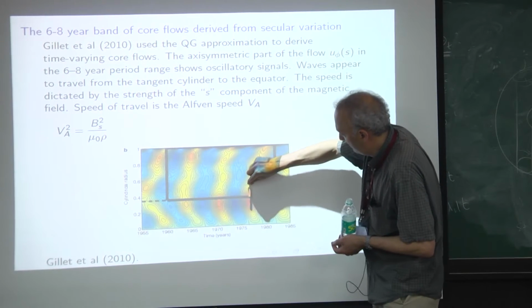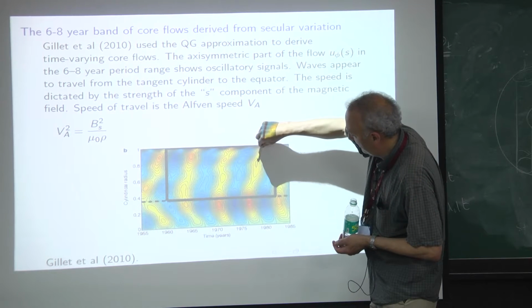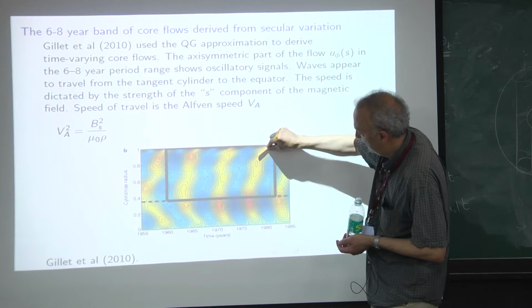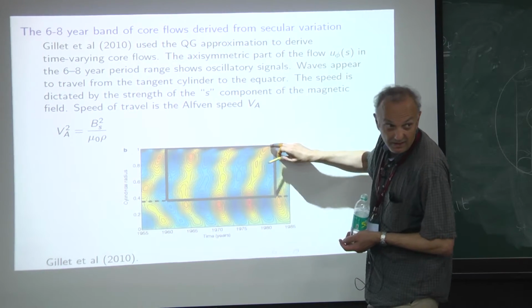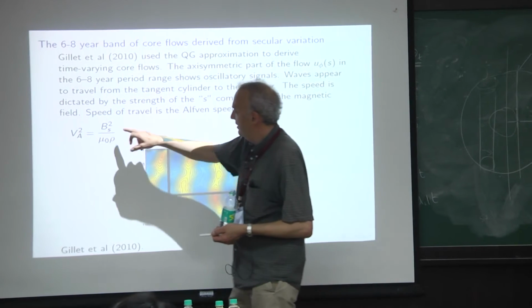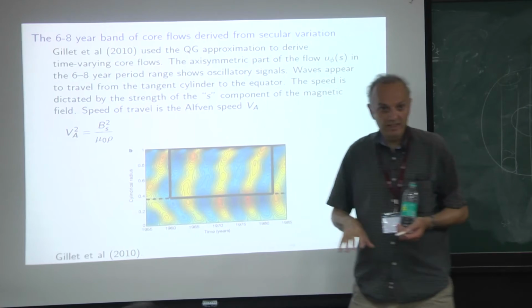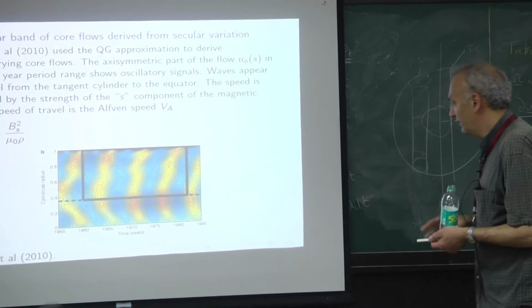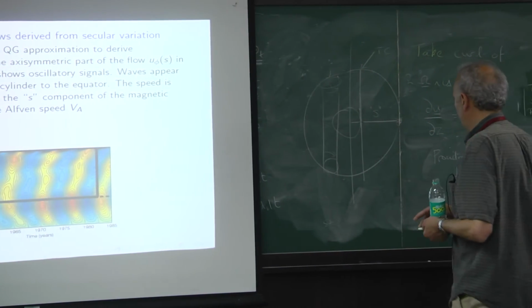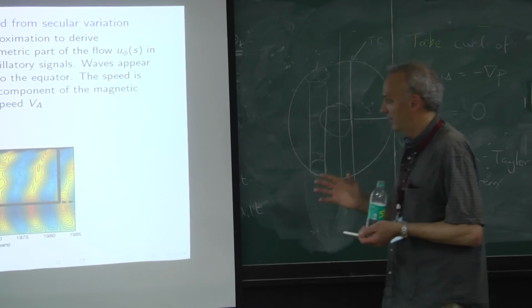So these are traveling quickly, and they slow down here. It takes longer to travel this last little bit. So the waves are slowing down. That tells you that the S component of the B field must be weakened, which tends to make sense, as you expect the B field to be weakened as you get close to the surface of the core.